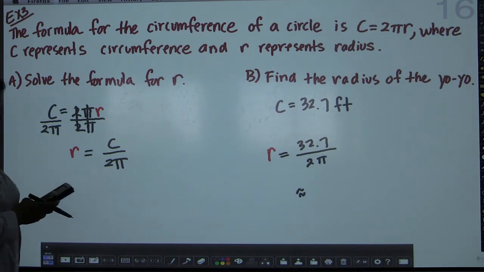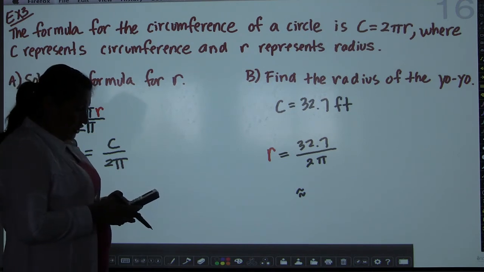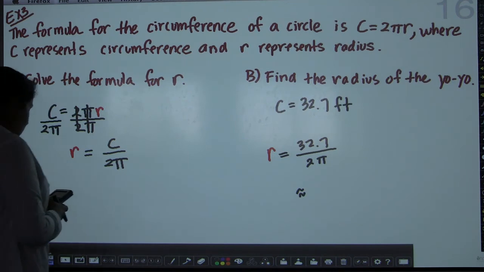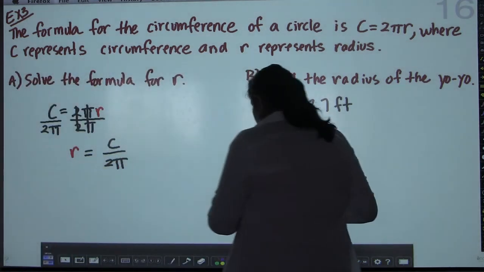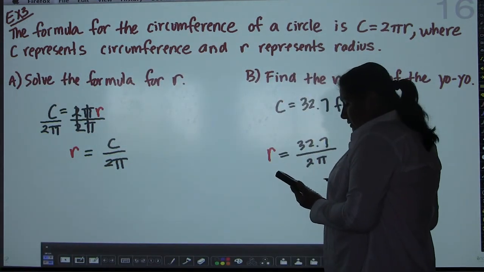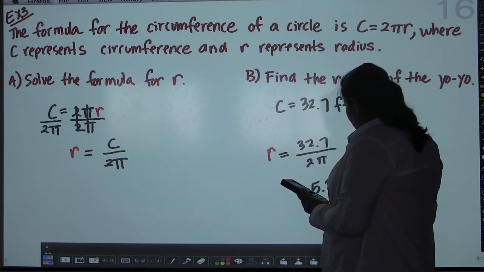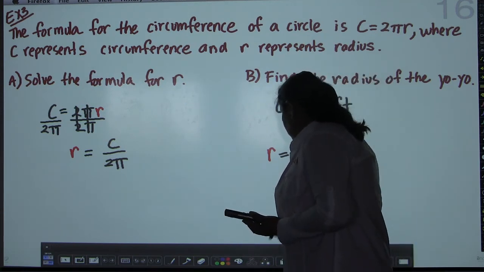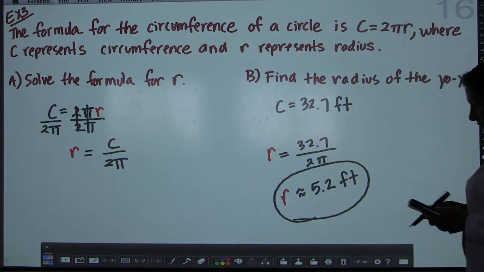I'm going to say 32.7 divided by parentheses 2 times pi, and I do want you to use the pi button on your calculator. Don't use 3.14. You'll get a more accurate answer if you use the pi button on your calculator. And so after that, we get that it's approximately 5.2043, and so on. So approximately 5.2 feet for the radius. Alrighty? And that is how we do formulas.